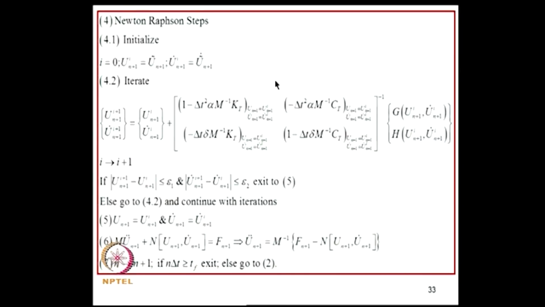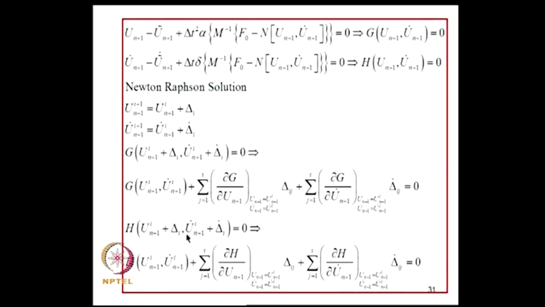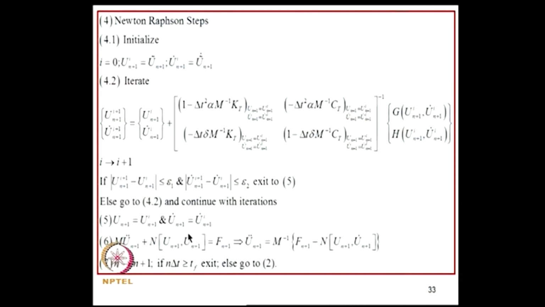Let us now return to the 3 steps we started with. We completed the predictor step and we are now formulating the corrector steps. The corrector step involves Newton-Raphson steps. In 4.1 we initialize I equal to 0, that is the iteration, and these are the initial guesses, which are the predictors we have already derived.